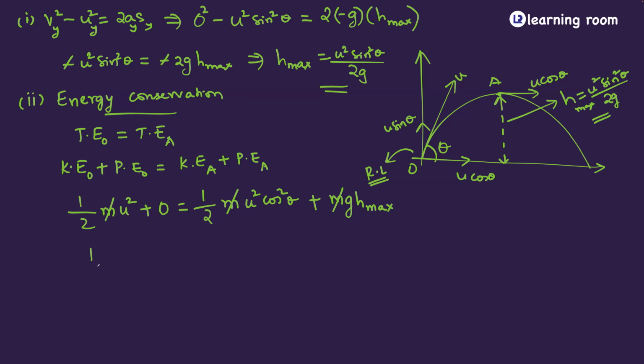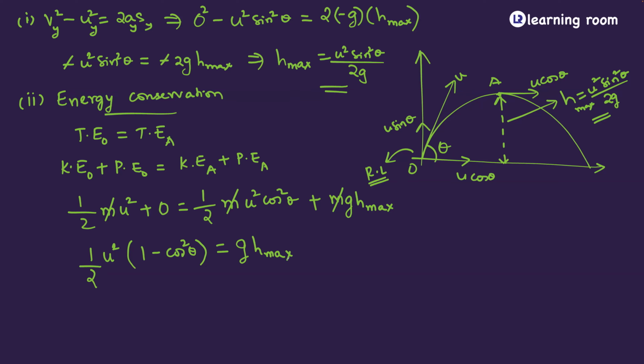Half u square I will leave as it is. If I take u square common, here the value is 1, and here the value is cos square theta. So when it comes to the left hand side, it will become 1 minus cos square theta is equal to g into h max.